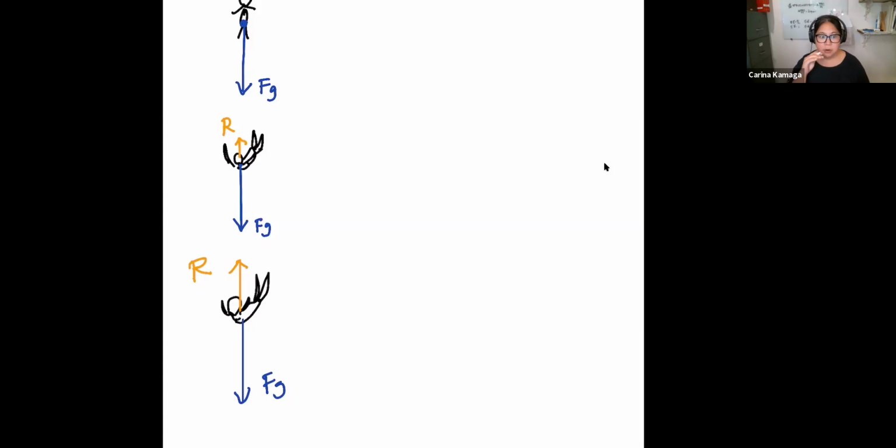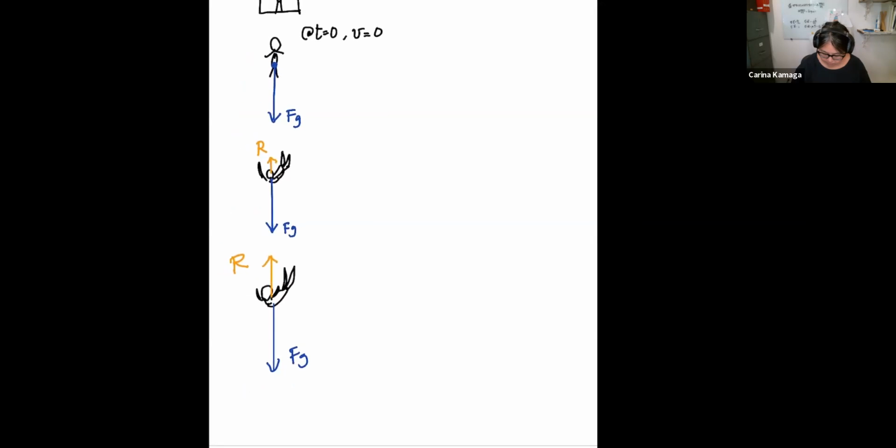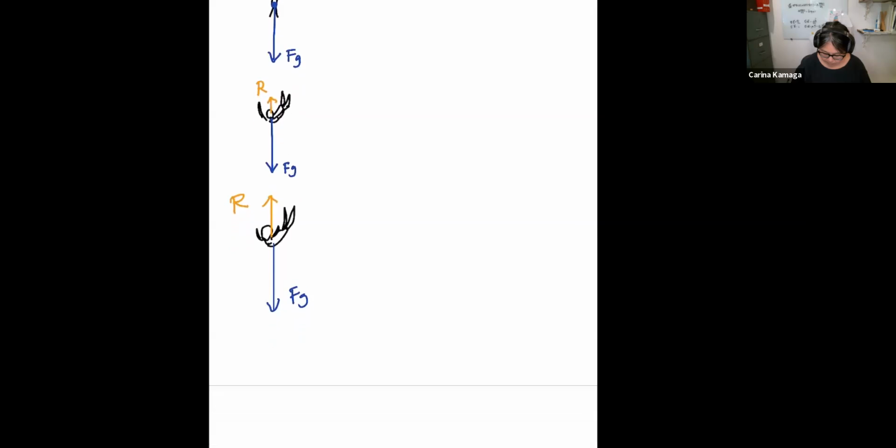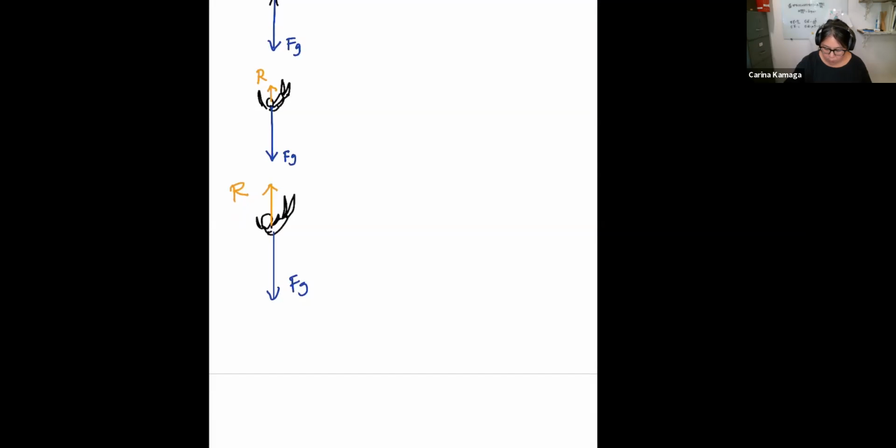So when you accelerate downward, air resistance builds up, gets larger and larger. So you go faster and faster.